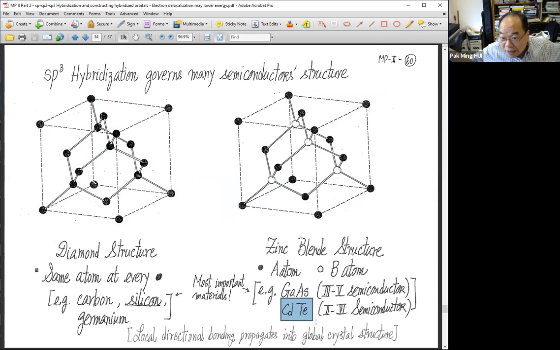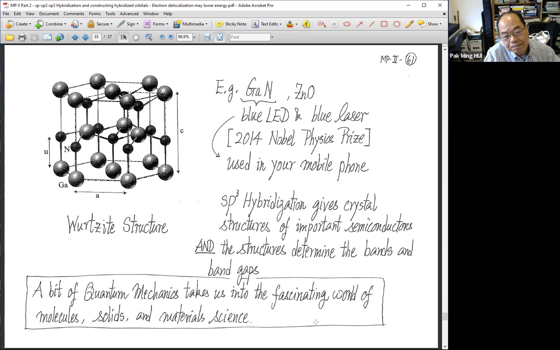Okay, so very dark, you cannot see anything, but for military purposes, that is a very good infrared detector, and you can use it to your advantage. Another very famous Nobel Prize winning structure with this sp3 hybridized structure is gallium nitride.